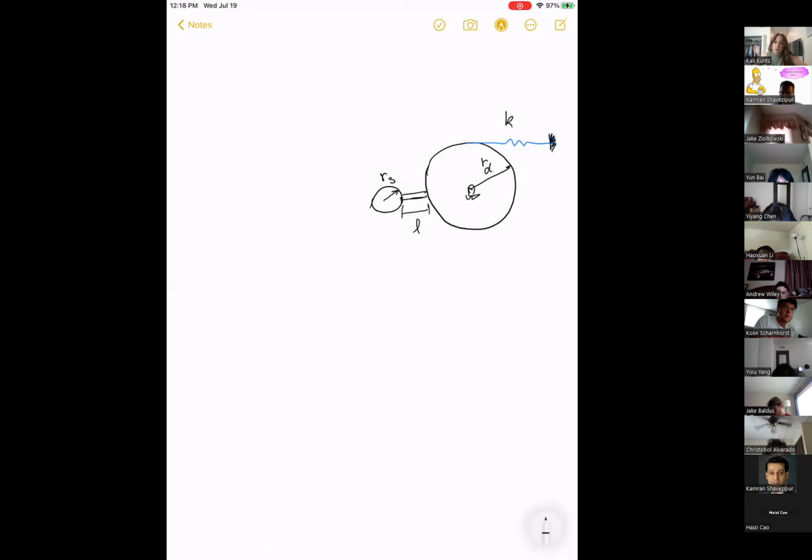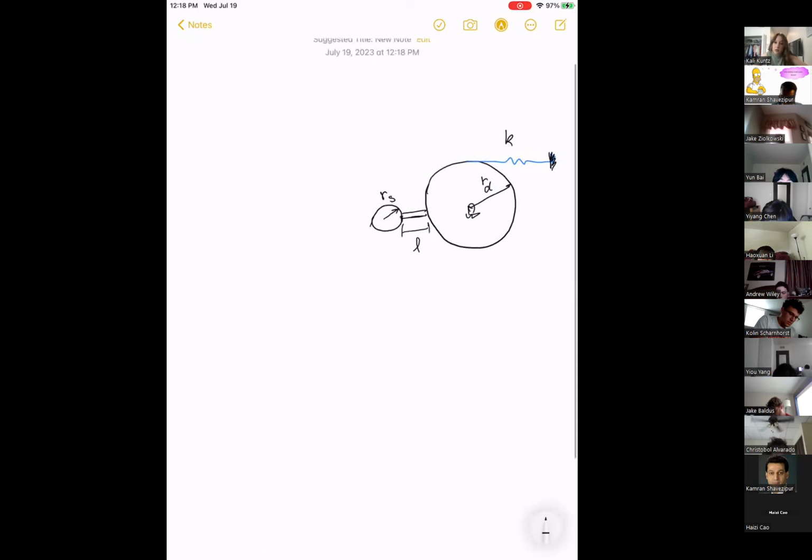So K is given, and I'm going to write all the numbers. So I use D for disk, R for rod, capital R. Let's just do everything capital, doesn't matter. Rod. And S for a sphere, okay?